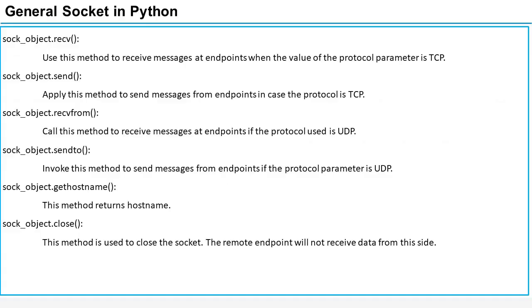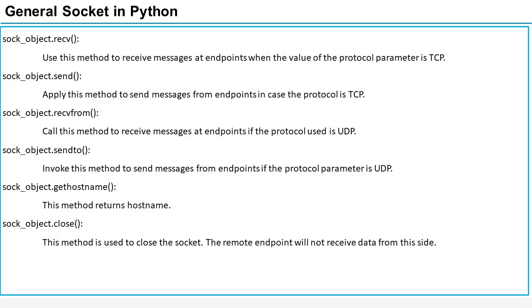General socket methods in Python: you have recv, send, recvfrom, sendto, gethostname and close functions. When it is receive, it is recv. Use this method to receive messages at endpoints when the value of the protocol parameter is TCP.